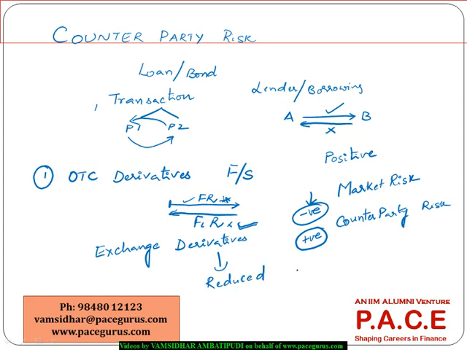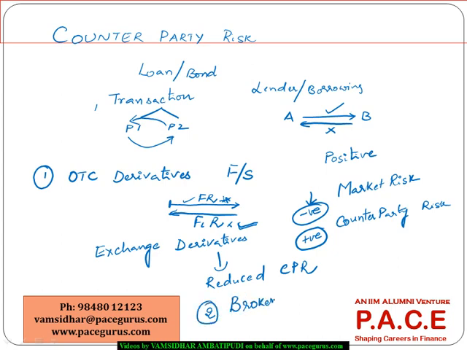In exchange traded derivatives contracts, the counterparty risk is reduced drastically, because the exchange or the clearing house acts as a counterparty to the other side of the transaction.